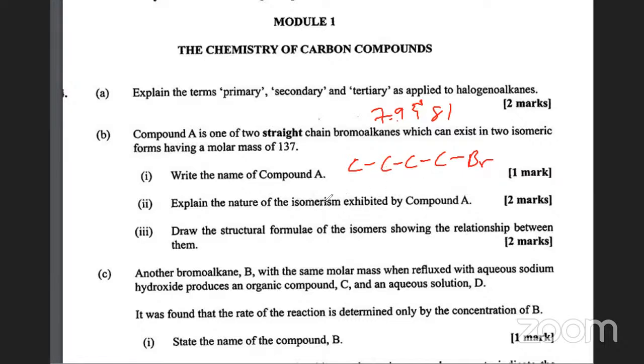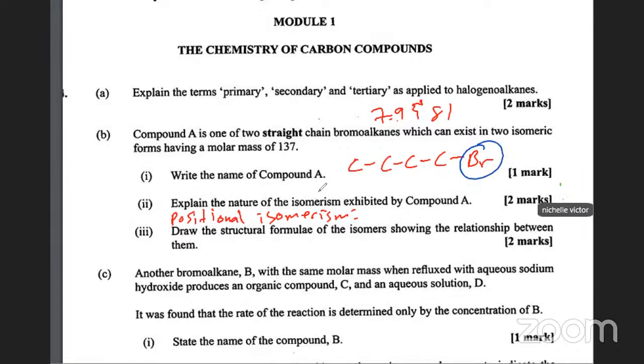They're basically explaining positional isomerism. You would mention that it is exhibiting positional isomerism. The reason for that: both of them are straight chain, so the only thing that will change is the position of the bromine atom.